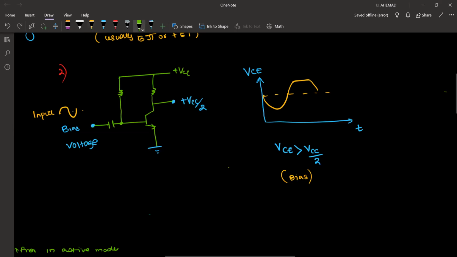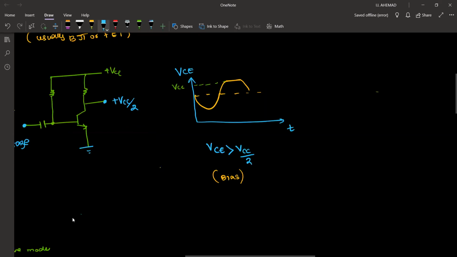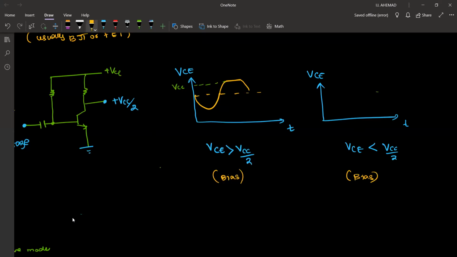Okay, this is VCC. And when VCE is less than VCC by 2 during bias, the bottom will get distorted, but the above will appear completely.